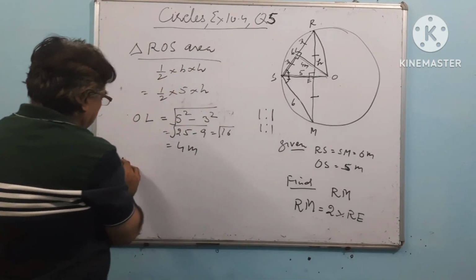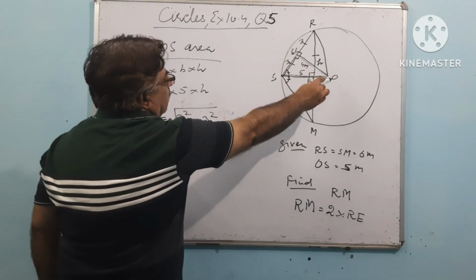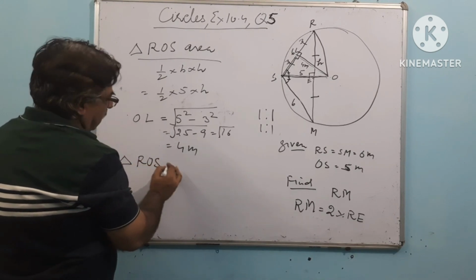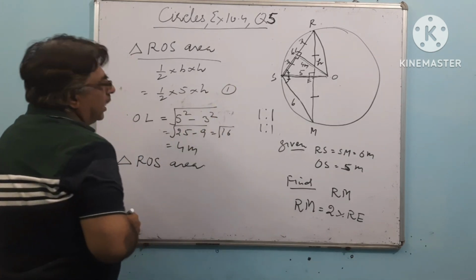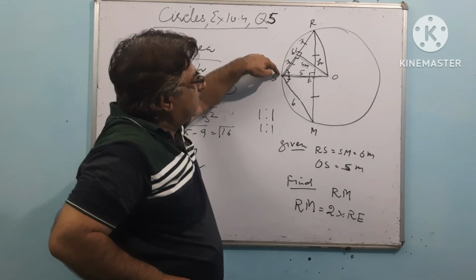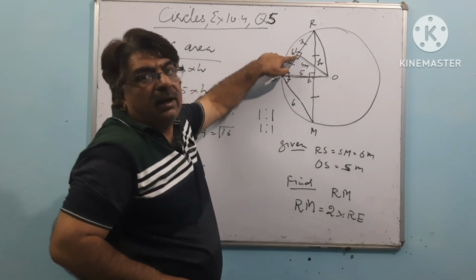Now you can see this triangle ROS, area once again. This was the first equation, and now we can take RS as the base and OL as the altitude.